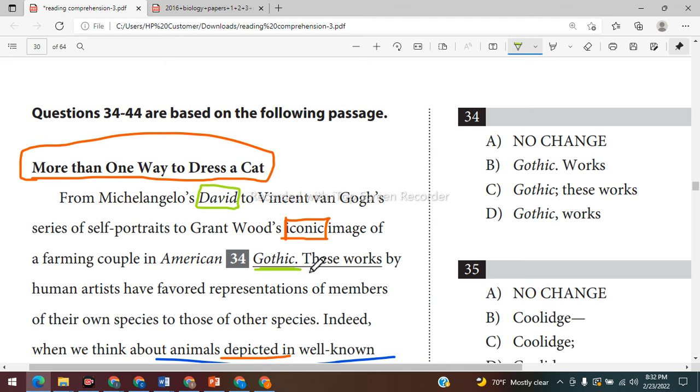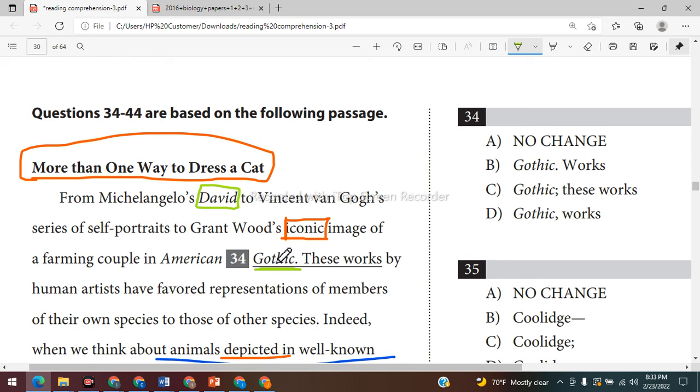Well, that's true, what is the idea? We aren't really making a point. It says from Michelangelo's David to Vincent van Gogh's series of self-portraits, to Grant Wood's iconic image of a farming couple in American Gothic.